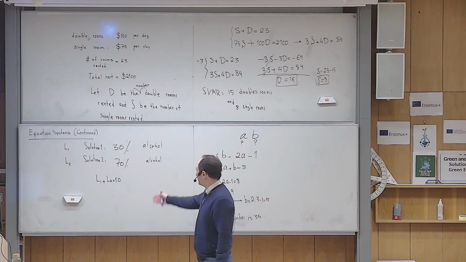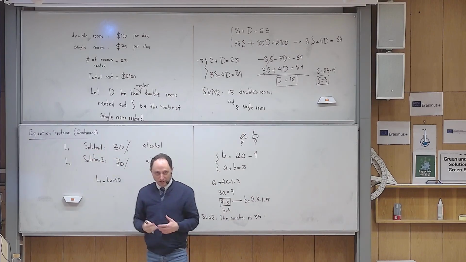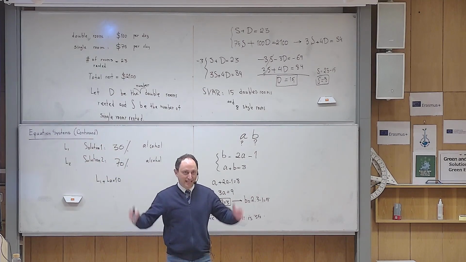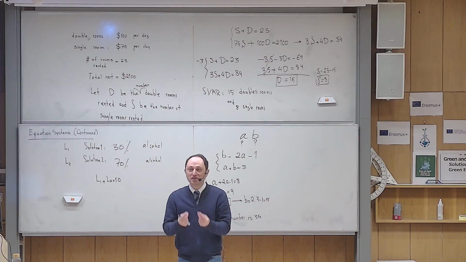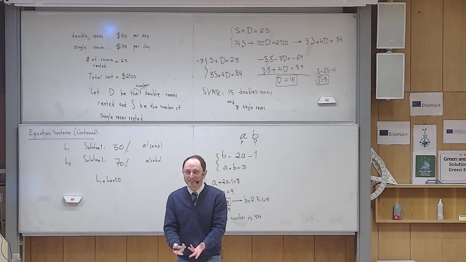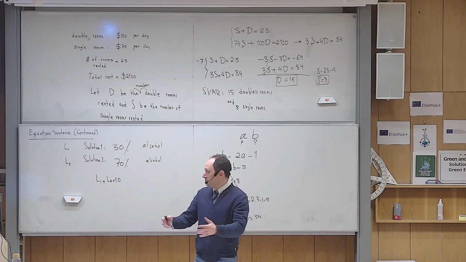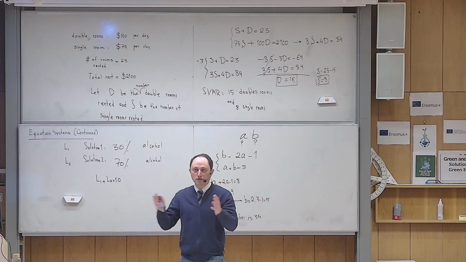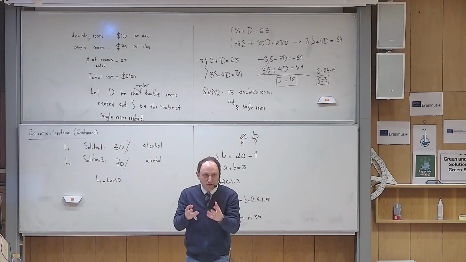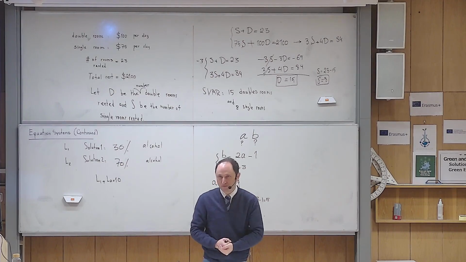No. Whatever I take from solution 1, it doesn't matter, 10 liters, millions of liters, 1 cc, it contains 30% alcohol. That's the meaning. The amount of solution 1 you take, is it big or small, it doesn't matter. 30% of that amount of solution 1 is alcohol.